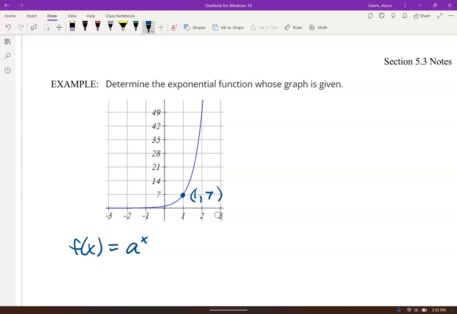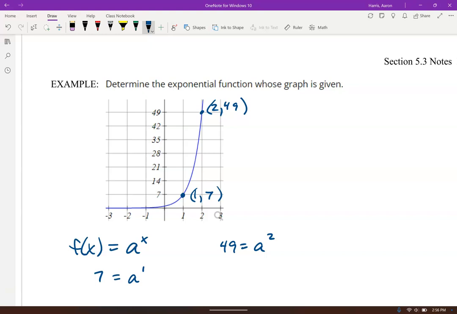It even looks like it hits that 2, 49. So I'm thinking, if I throw 1 in, it spits out 7. I throw 2 in, it spits out 49.